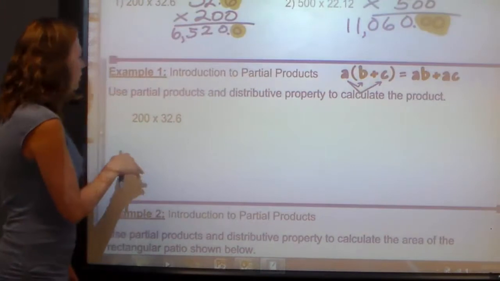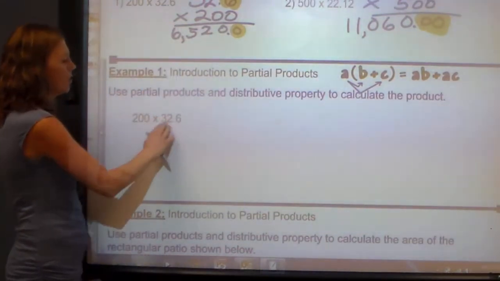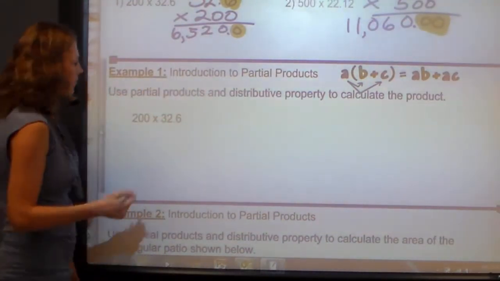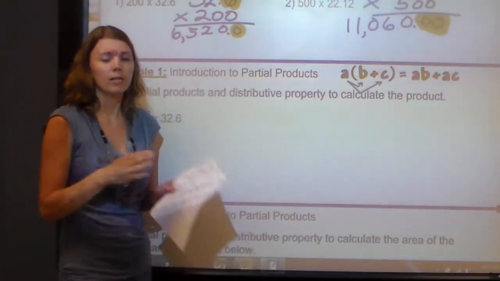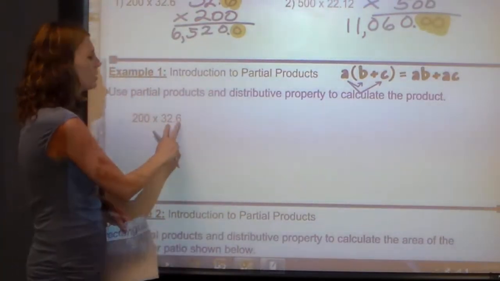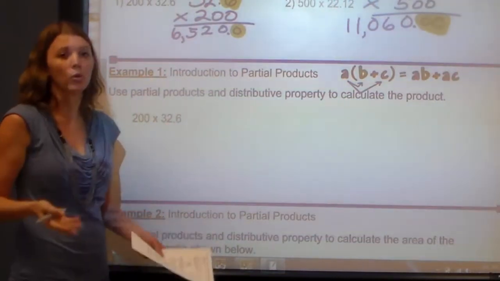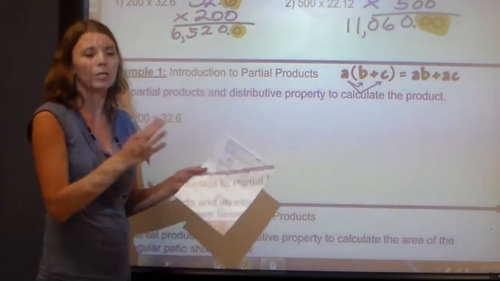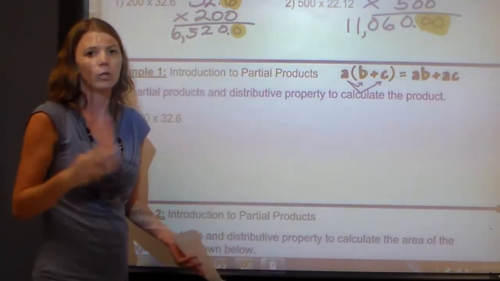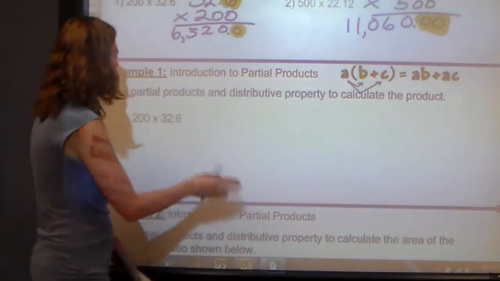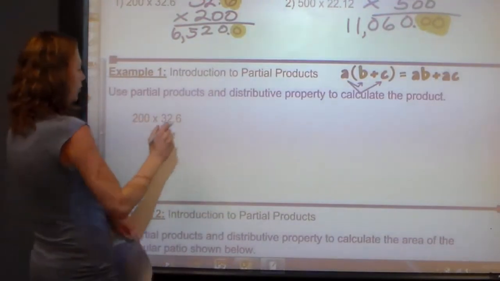So I'm going to show you how to do the same problems from above, but with the distributive property. It's really helpful if you want to do mental math to separate numbers. It can be numbers with decimals, but it could also be numbers like 25. You could separate it into 20 and 5, because together 20 and 5 make 25. So I'm going to show this one here.